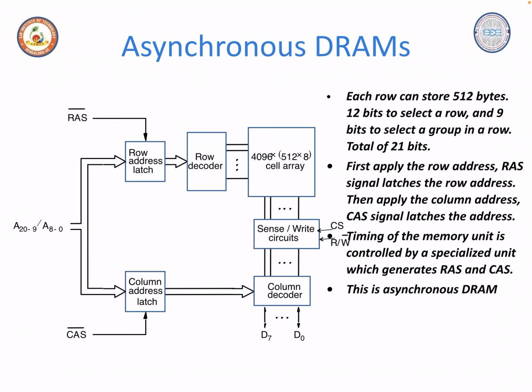So if I have address lines from 0 to 20, indicating a total of 21 address lines, it will be divided into 9 address lines and the remaining 12 address lines. The 12 address lines are for locating 4K memory, and these 9 address lines for locating 512 cross 8. That 8 is the data lines, 8 data lines.